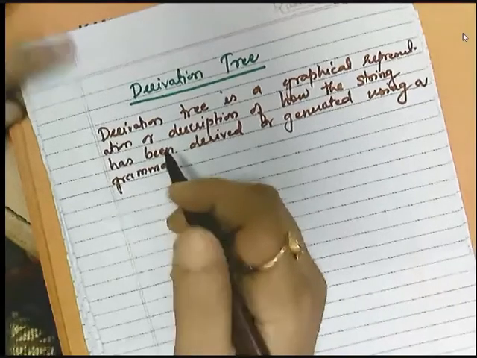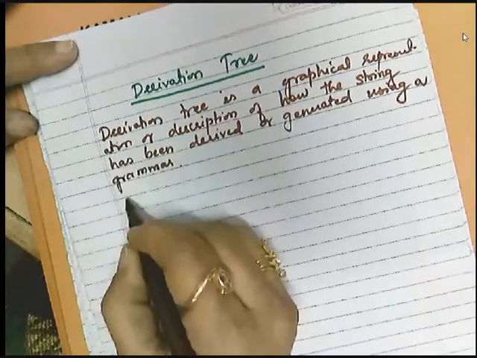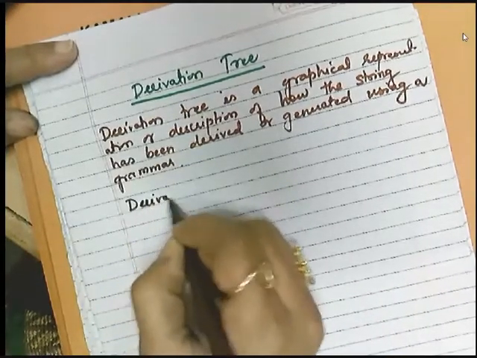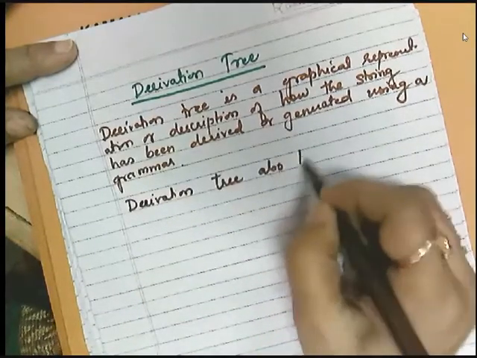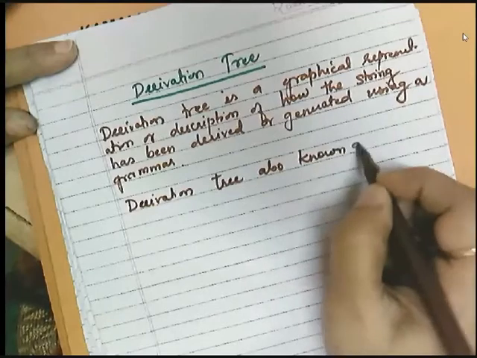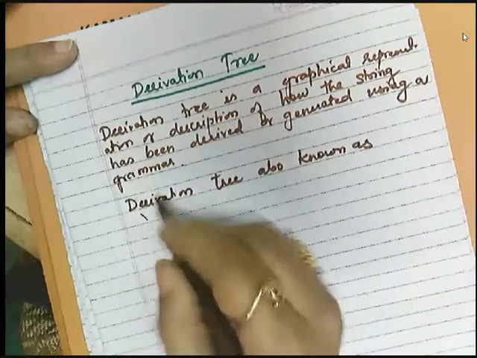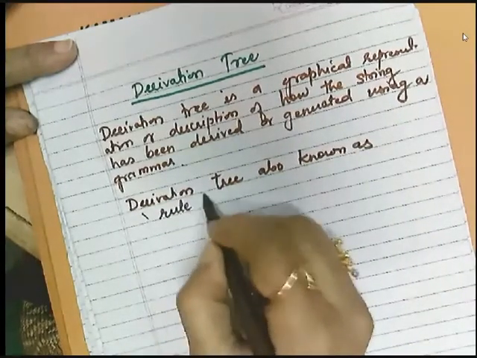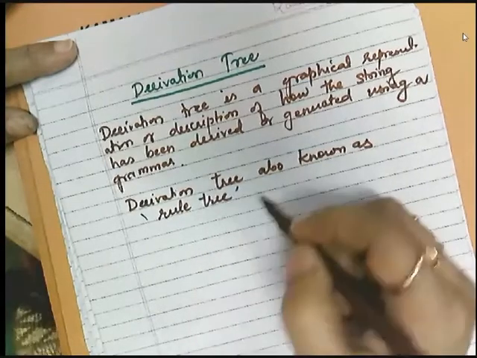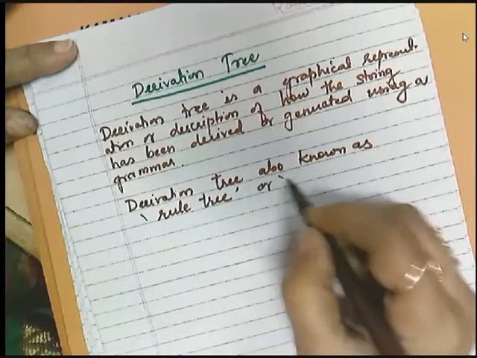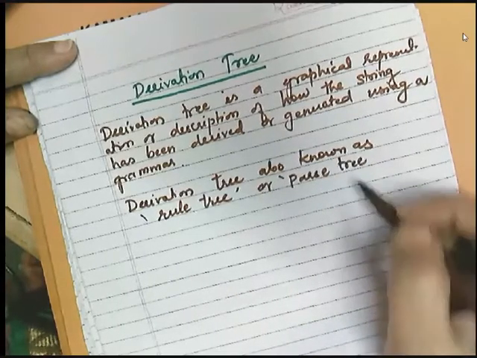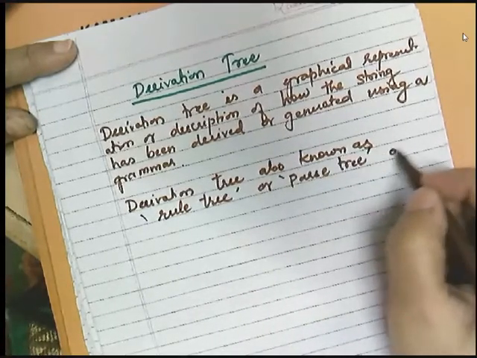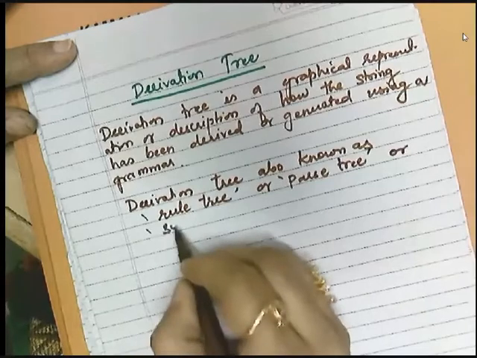Now, derivation tree is also called a rule tree, or parse tree, or the syntax tree.